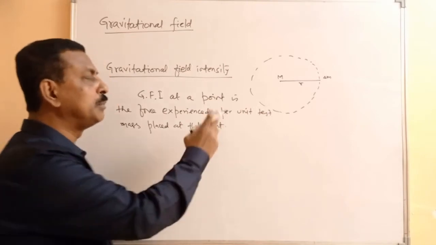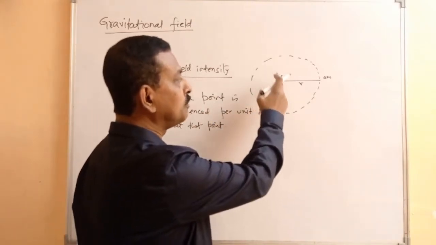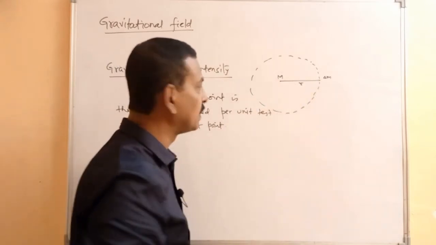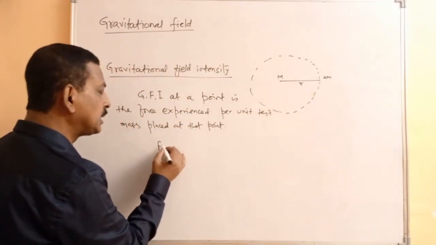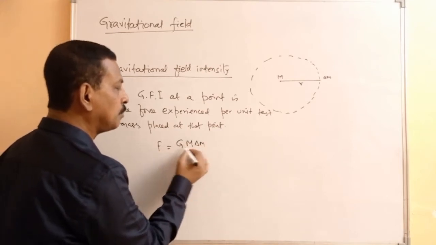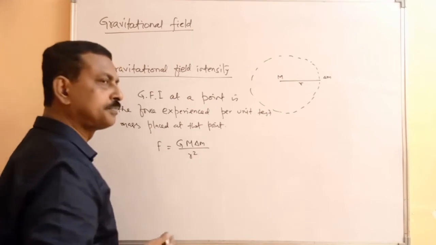So suppose I have to measure the value of gravitational field intensity due to this mass at a distance r. So in that case, what is the force experienced? So the force experienced is GM delta m by r square.